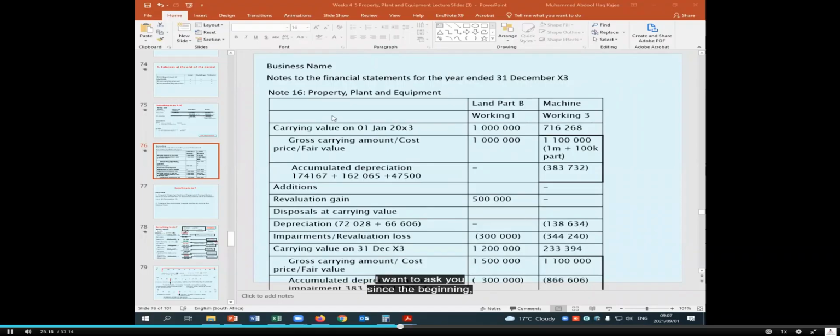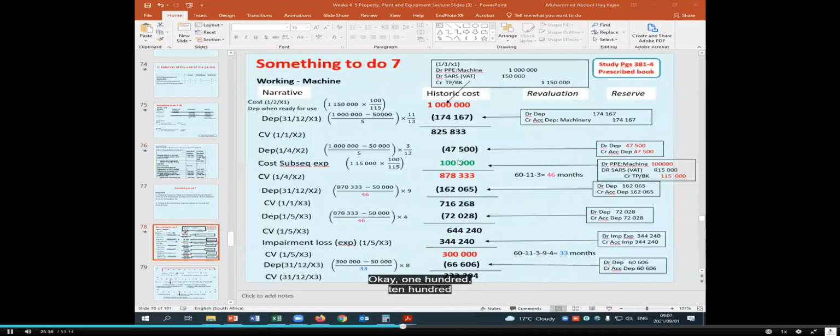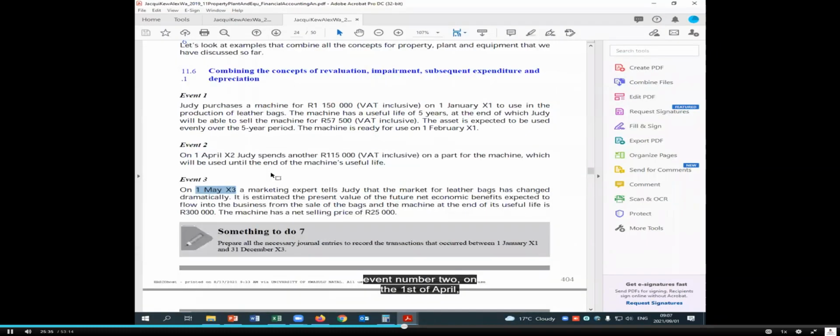Okay, so I want to ask you, since the beginning, where did you get the 100,000 that was added to the cost price in the beginning? Okay, the 100,000 here was subsequent expenditure. So in our example, event number 2, on the 1st of April, Judy spends another 115,000 on a part for the machine, which will be used until the end of its useful life.